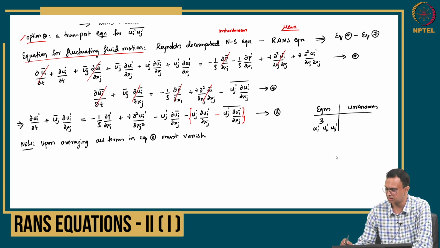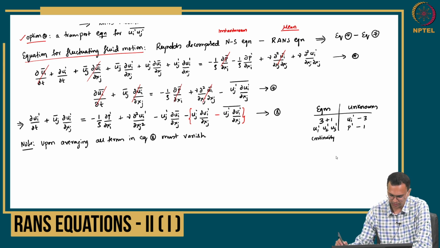Using that I can get an extra equation, not a problem, one extra equation to get the fluctuating pressure. So here I have u1 prime, u2 prime, u3 prime, that is my ui prime, 3 unknowns. I have p prime, that's one unknown, but p prime you can also get an equation for it using the continuity equation. Continuity will give 3 plus 1. So p prime can be taken care of.